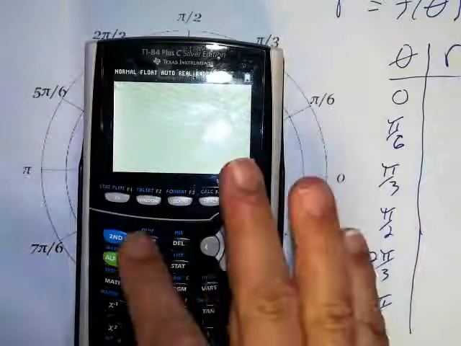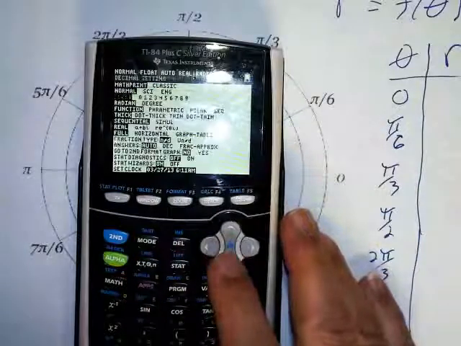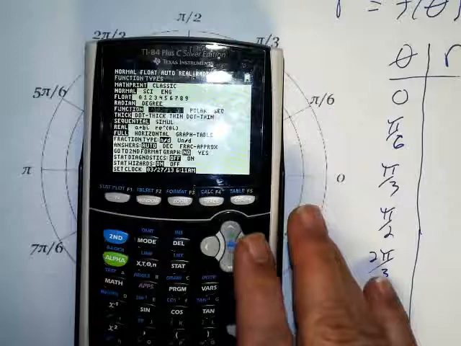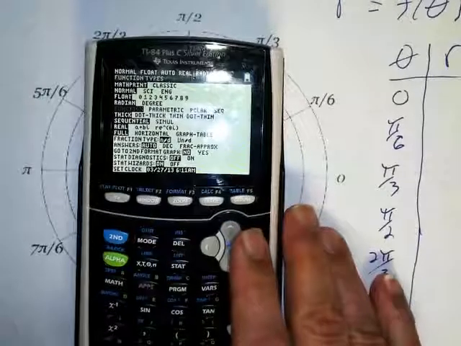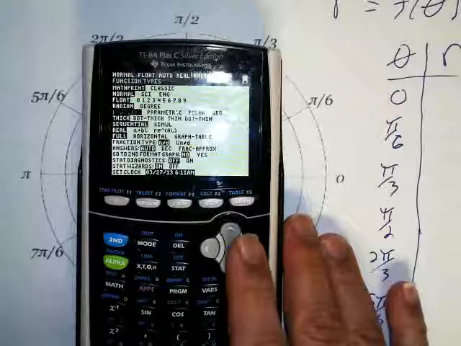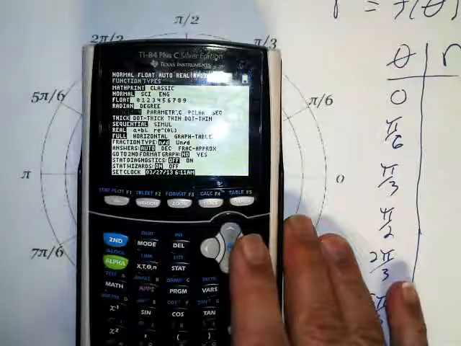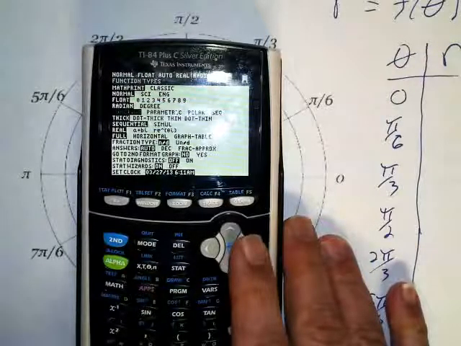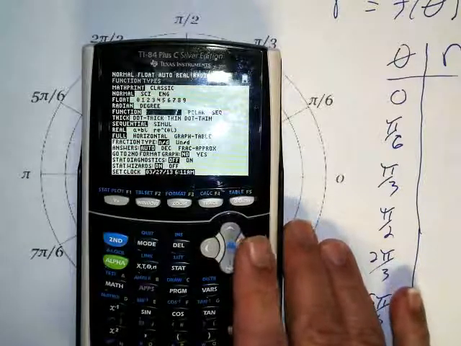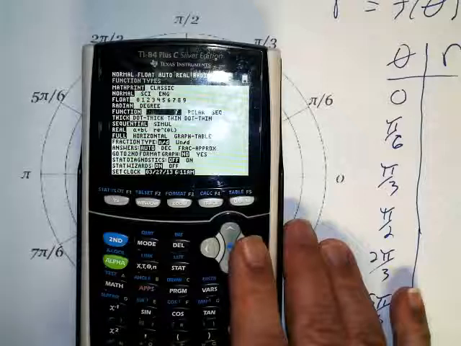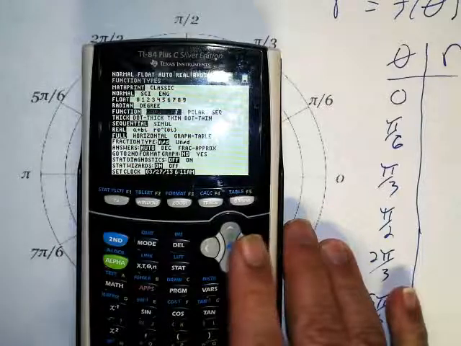When you hit mode, there are several different types of graphing modes. You can graph a function, and up to this point, that's probably all that you've done. There are parametric equations, maybe from physics or a high school calculus class.